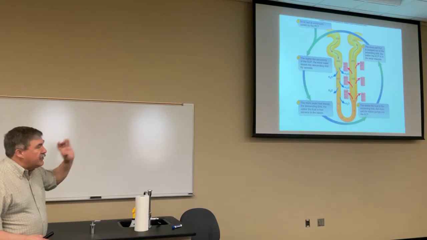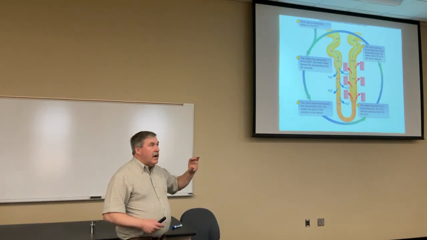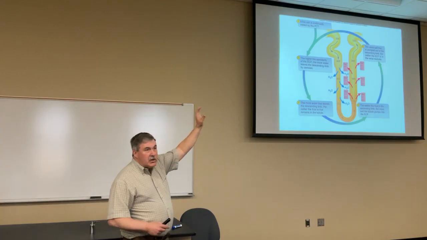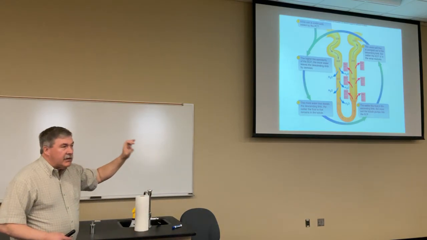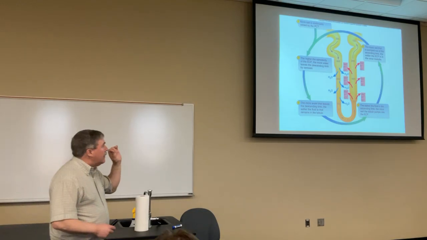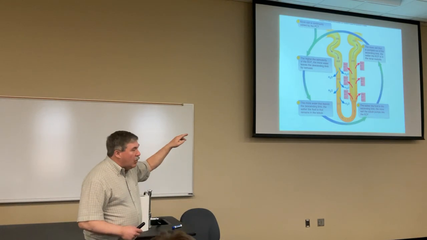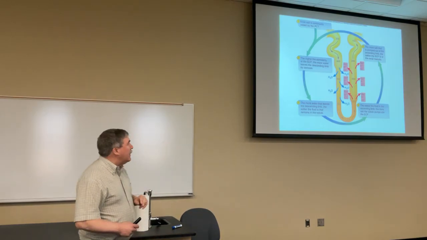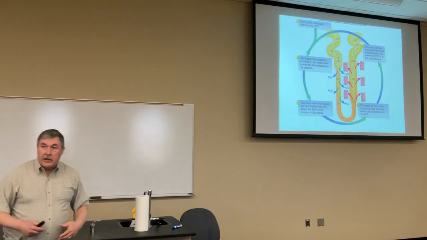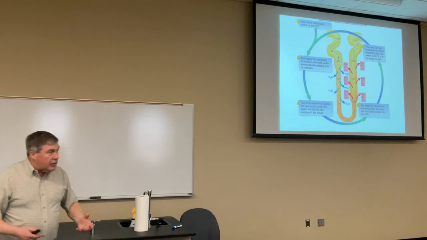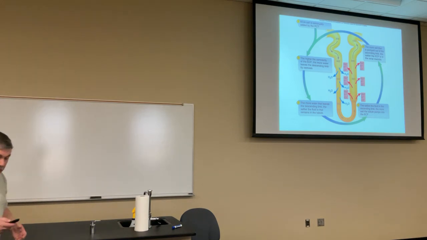So there are some nephrons in humans that are called cortical nephrons, where they're located closer to the cortex. And then there are other ones that are called medullary nephrons, where the nephron loops dip way down into the medulla. It's the medullary nephrons that are able to reabsorb more of the water, more so than the cortical nephrons.